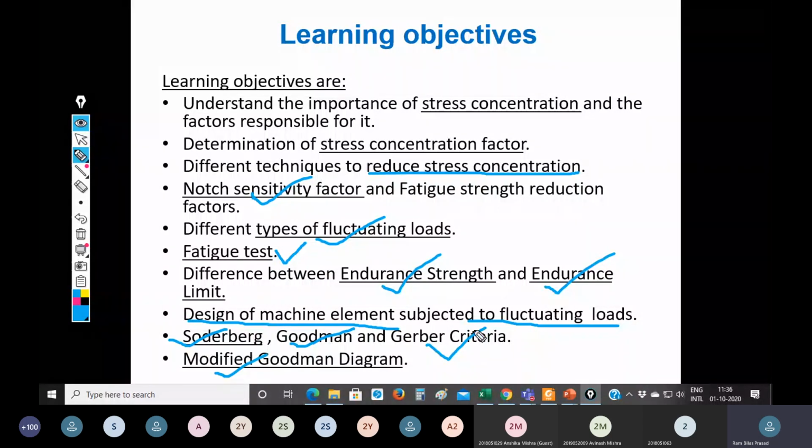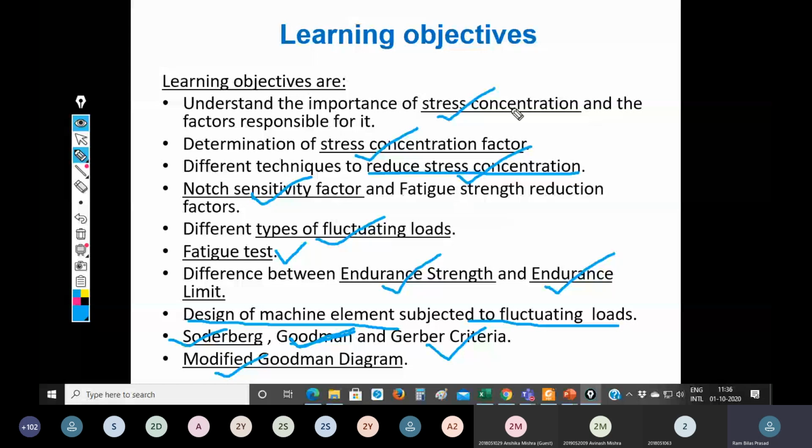At the end of the completion of this part of this unit, you should be able to do all these things. If you are not able to understand all these factors, then your knowledge is not sufficient and you need to re-study it.